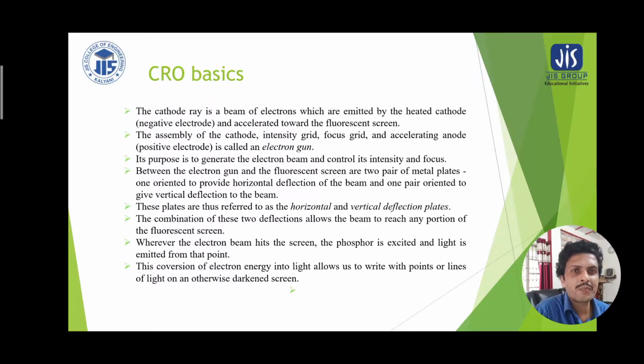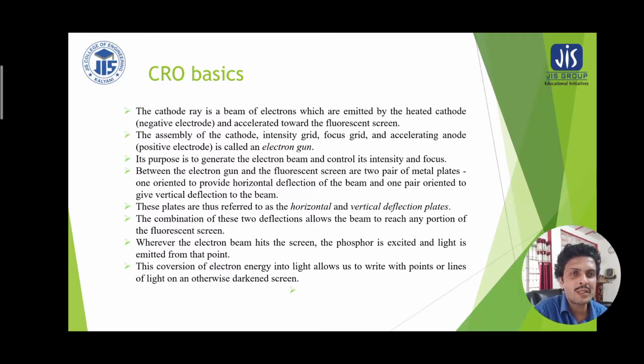Now the mechanism behind the cathode ray oscilloscope: the main mechanism is that there is an electron beam hitting the fluorescent screen, and that produces the impression of the input signal which is fed to the cathode ray oscilloscope. Here the voltage is fed to the oscilloscope, and there is some internal mechanism by which the electron beam is generated according to the magnitude, frequency, and phase.